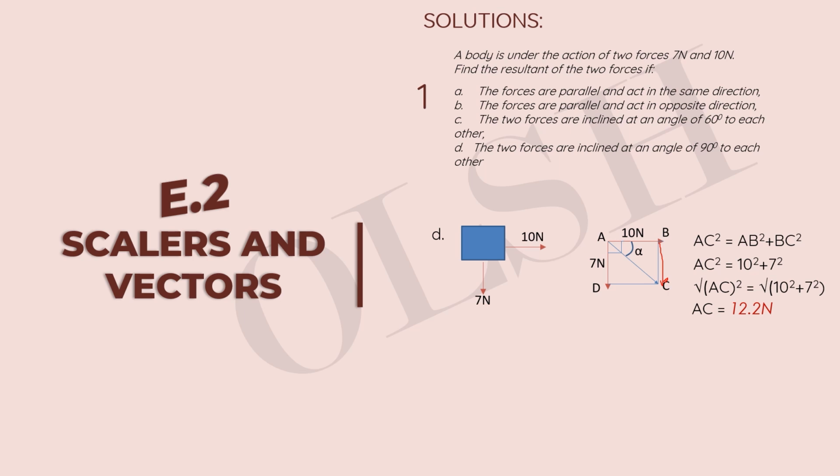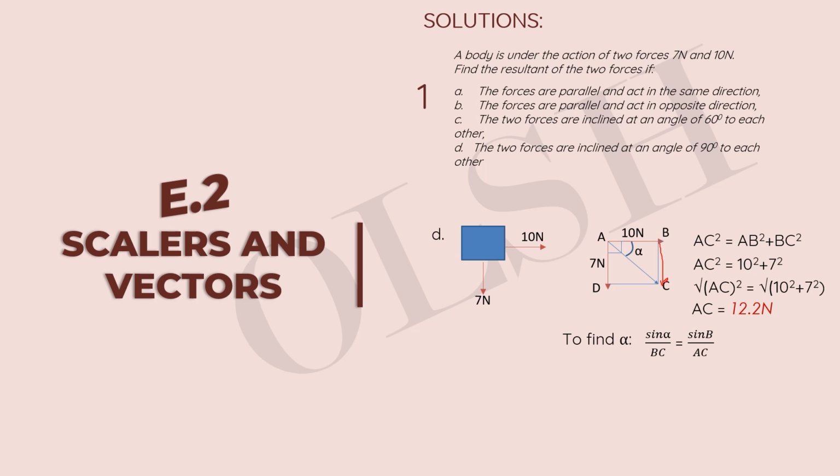Then we have to try to find alpha. How do we find alpha? We can bring in the sine rule. For sine alpha, we take the side that's opposite that angle and divide it by sine alpha. So we have BC over sine alpha equal to AC over sine B, where B is 90 degrees and AC is the side opposite it.